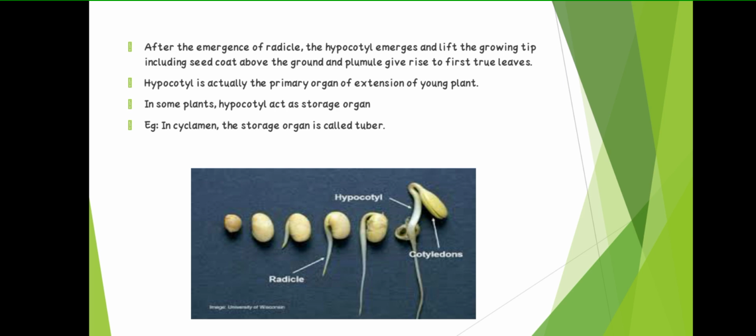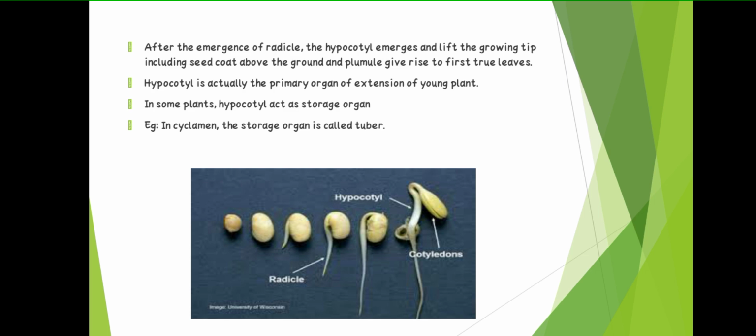This germination of a seedling is clearly seen in this diagram. That is, first a seedling produces radicle, later hypocotyl is produced, and we can see the position of cotyledon, radicle, etc. in this diagram.